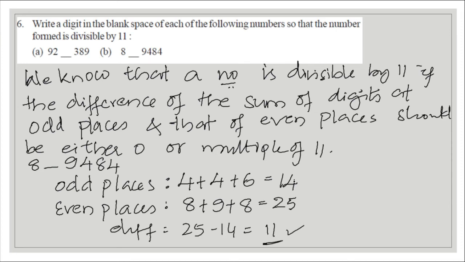This is possible. Why can't we take any other digit other than 6? Suppose I consider this digit to be a larger digit, say 9, 8 plus 9 will become 17. The difference will not be either 0 or a multiple of 11. So the only possibility is this digit has to be 6.